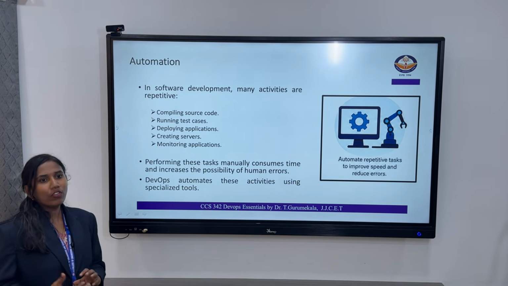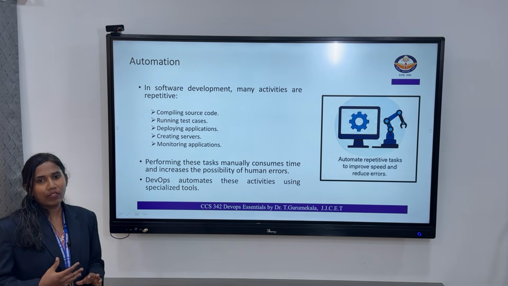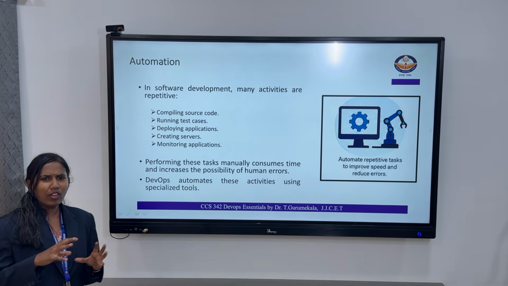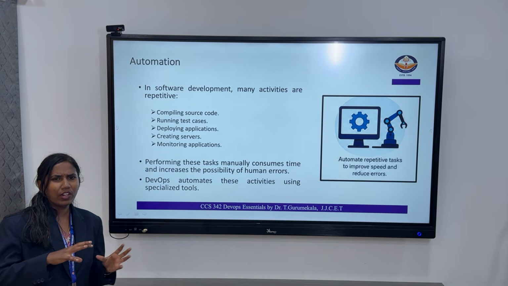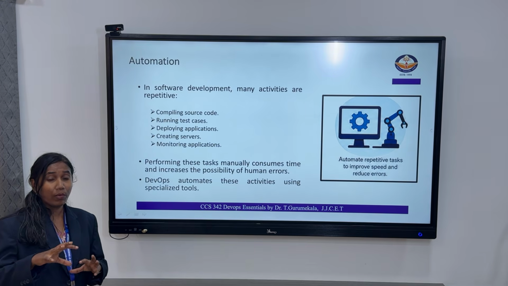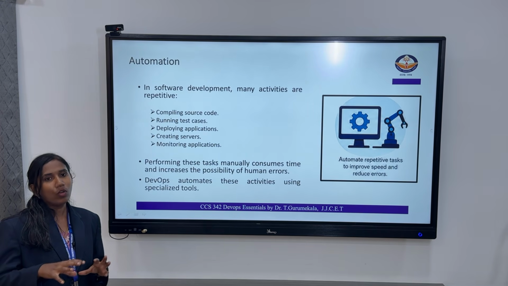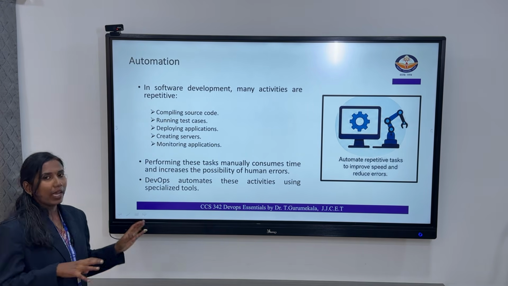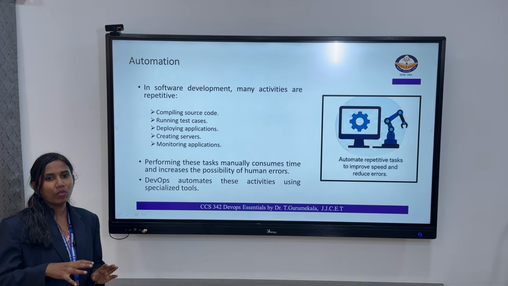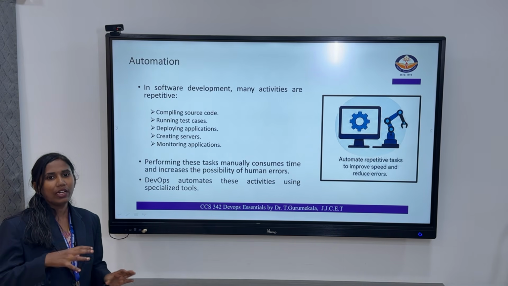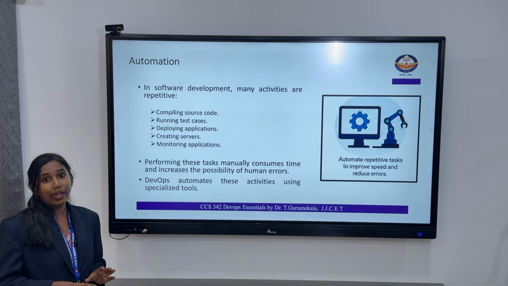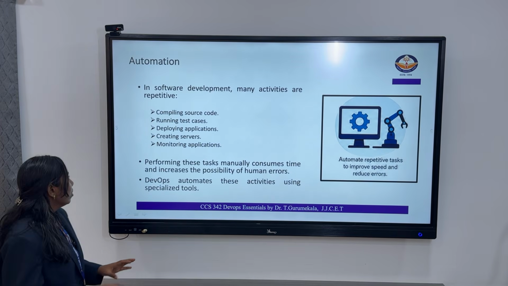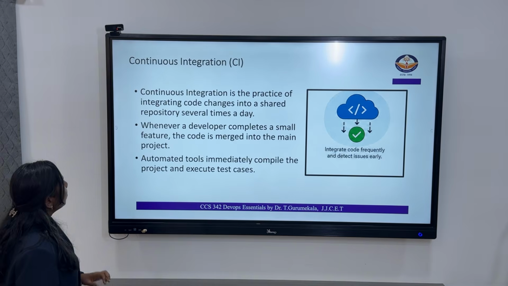And automation. When it comes to software product development, the majority of the code, or the chunks of the software project, will be repetitive. So this principle ensures that all those repetitive works are automated so that we may reduce the human effort and the time. Then there is continuous integration.